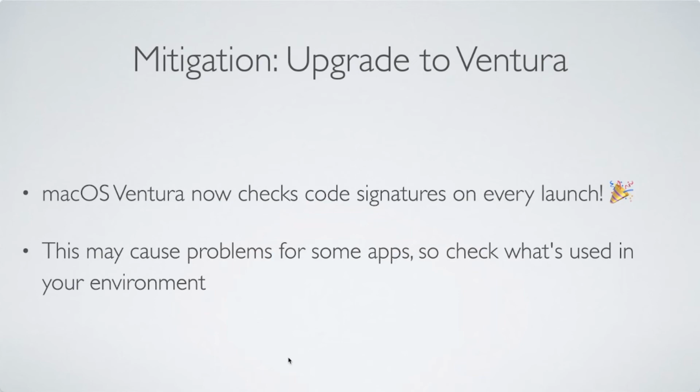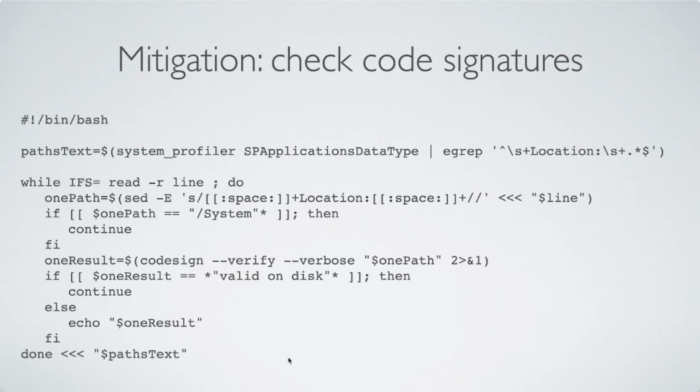You want to make sure that all of your apps do have a valid code signature, that none of them are breaking their code signature. So if you're not on Ventura, then another good mitigation is to periodically check the code signatures of the apps on your system. Now, this may or may not be feasible for large organizations.